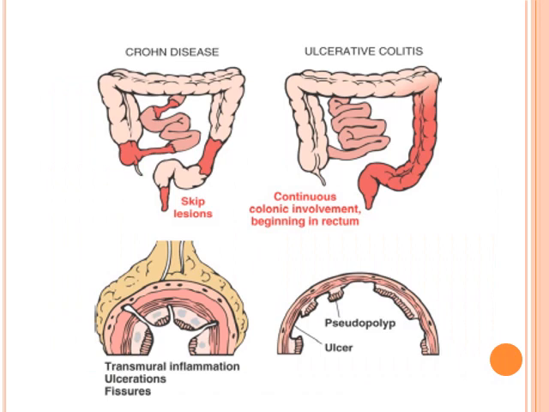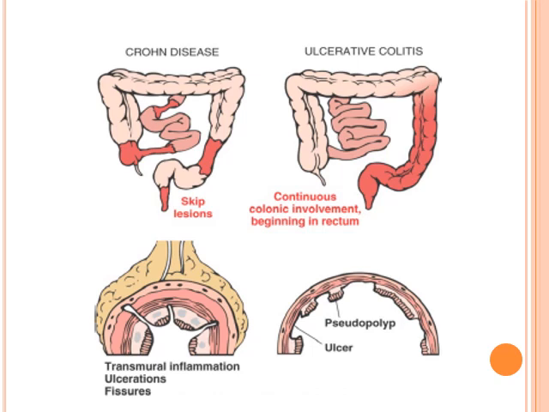In this picture on your left, you see the skip lesions of Crohn's disease, where these red areas are diseased areas and in between are disease-free areas. And on the right you see a continuous involvement that begins in the rectum, and there are no skip lesions, but the involvement is continuous in ulcerative colitis.